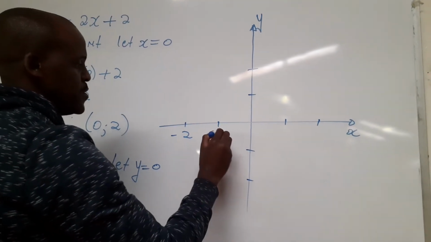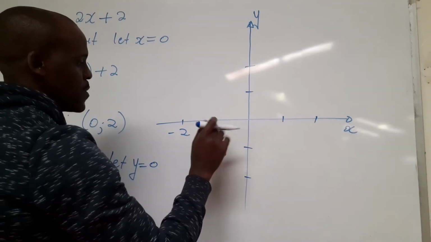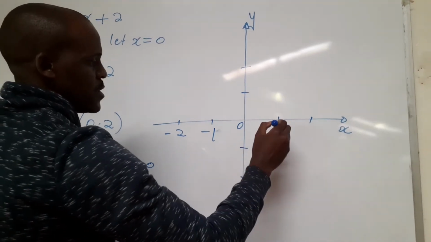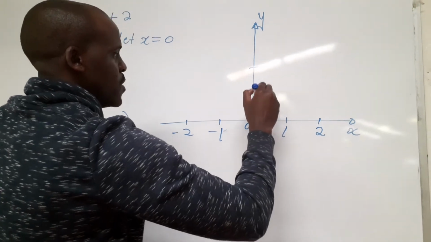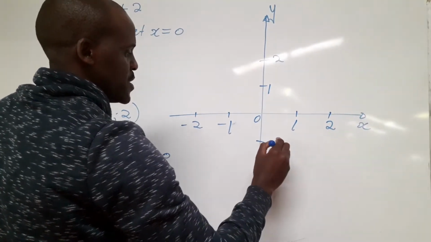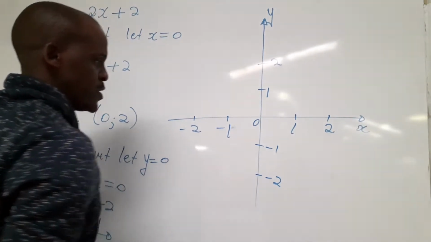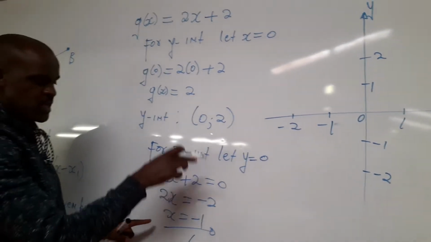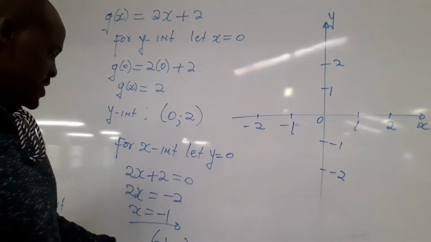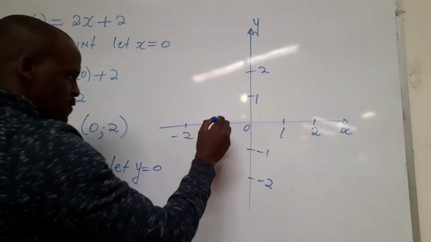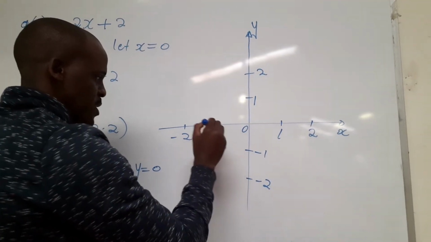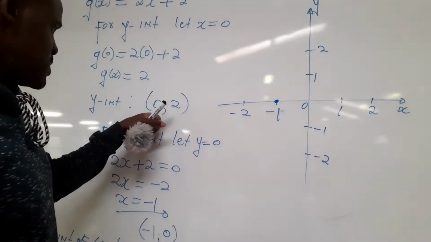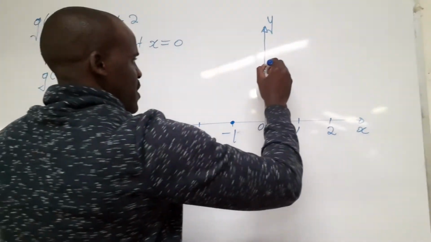On the axes, mark negative 2, negative 1, 0, 1, 2. You simply have to indicate the 2 points and join them since it's a linear function. Negative 1 is to 0, where y is 0, and then 0 is to 2 up there.